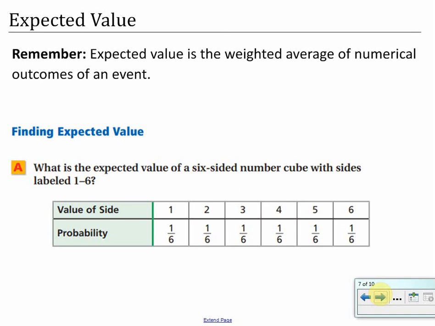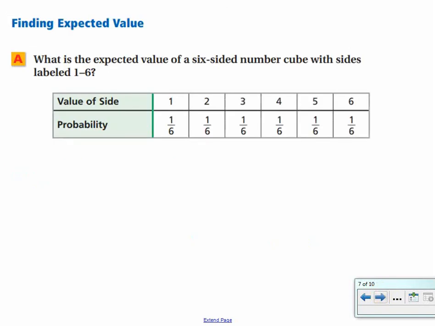Remember, expected value was talked about in an earlier video, but expected value is the weighted average of numerical outcomes of an event. So in this example, the expected value of a six-sided number cube labeled 1 to 6 would be what value you can expect to roll. What you do is take each value, multiply by its probability, and add it up.